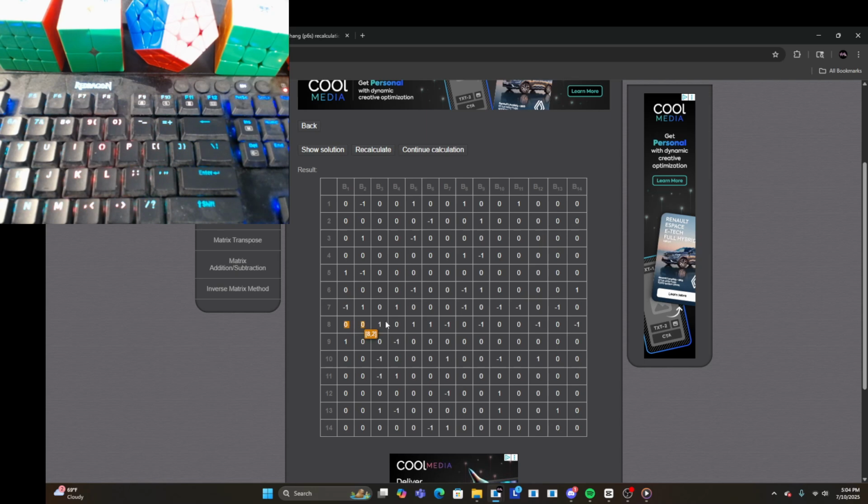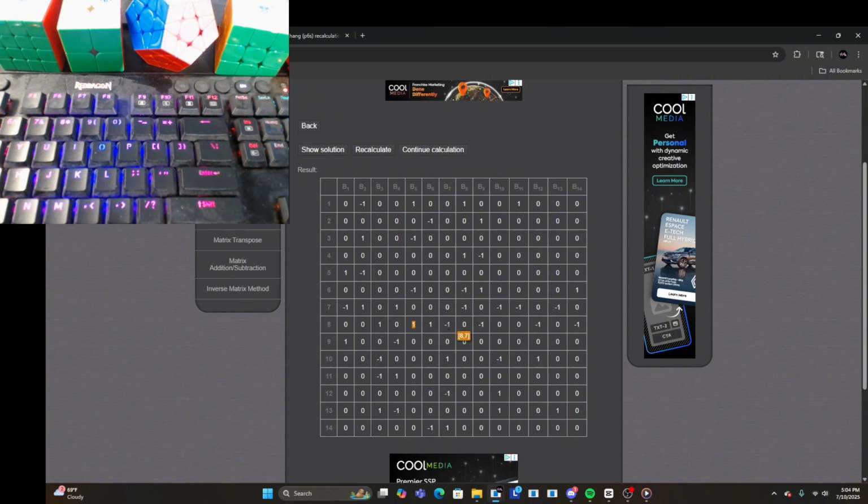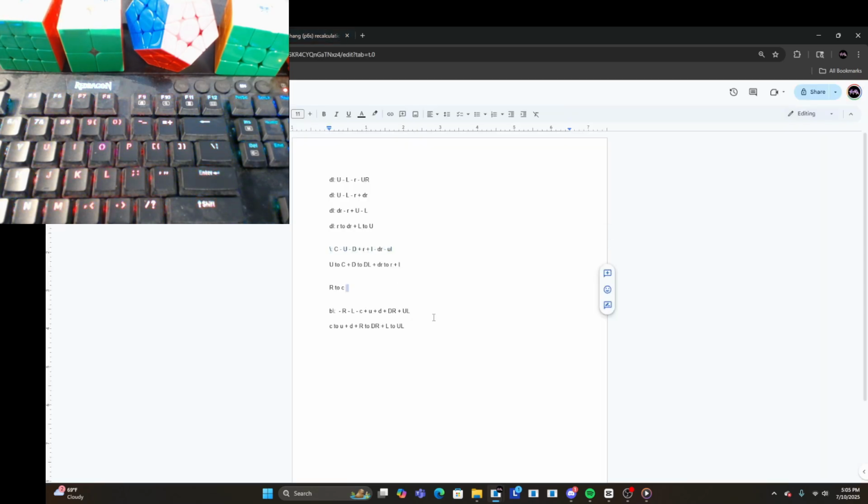And then here's the other one, right? So this is negative R and negative L on the front, minus C on the back, plus U and D on the back, and then plus these other two corners, right? And that's what we have.